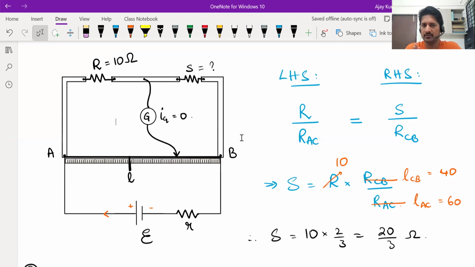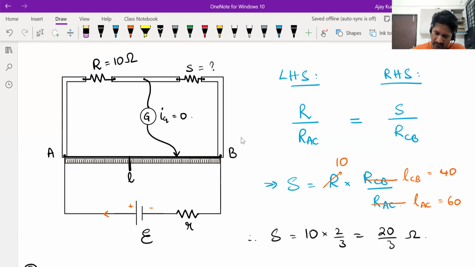Now you won't go 1 mm, 2 mm, 3 mm, so on up to 302 mm. That will take a lot of time. What you can do is jump in steps of 1 centimeter, like connect it exactly at A, you will see that it deflects. Next, connect it at 1 centimeter marking. You have millimeter markings also, but go directly to the 1 centimeter marking. If you see that it still deflects in the same direction, it means you have not crossed the balancing length, right? So that way you can move.